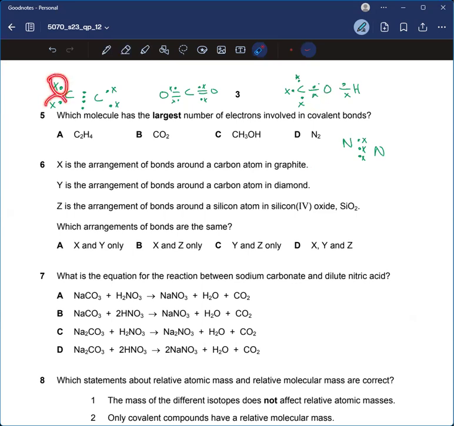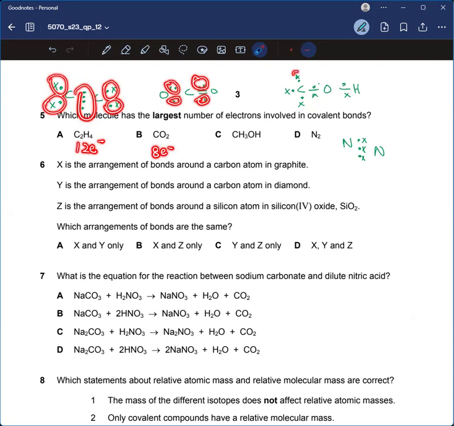So 1, 2, 4, 8, 9, 10, 11, 12. So 12 electrons here. And for CO2, it would be 2, 4, 6, 8, so 8 electrons here, right?